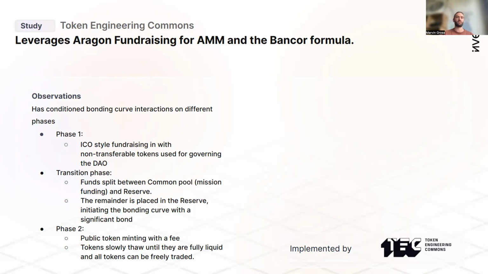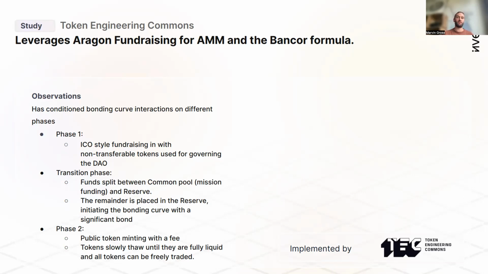Some functionalities to highlight: within the initial phase, the issuing of tokens went along the lines of an ICO style fundraising. Fundraising in this fashion opened up the possibility to see how much capital they collected before designing what to do with it. Then within the transition phase, the funds were eventually split between a common pool and a reserve, whereby the tokens for the reserve were used to initiate the bonding curve.